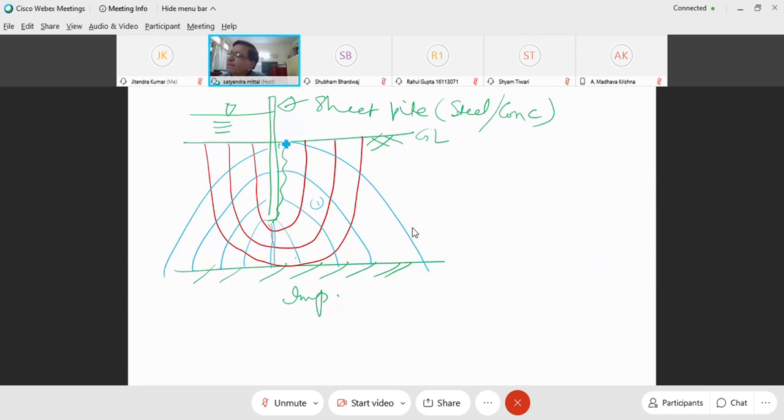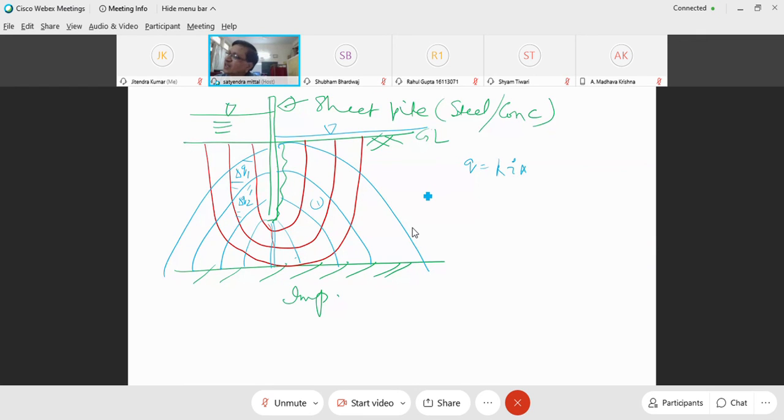So let us say some water column is there, same as I explained just now. Let us say delta Q1 is the discharge in this field. Delta Q2 is in this. As per Darcy's law, Q is equal to KIA.